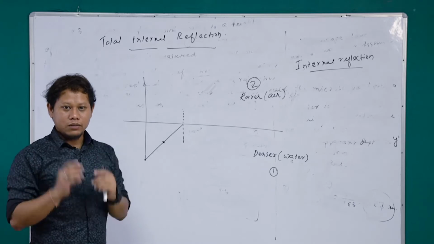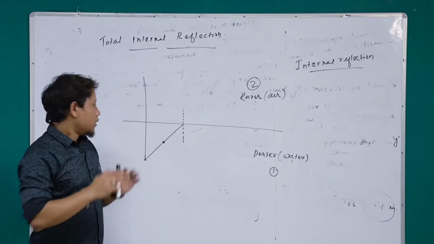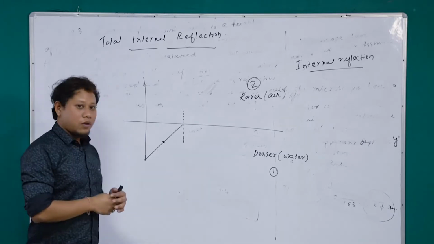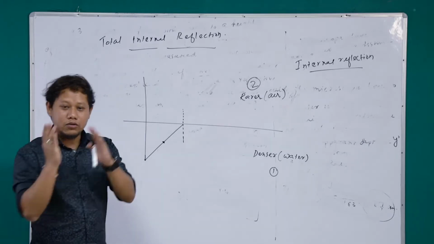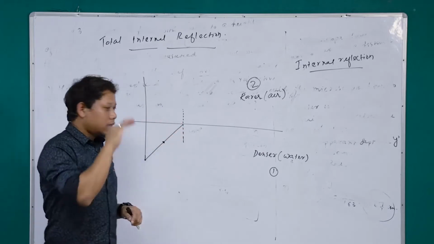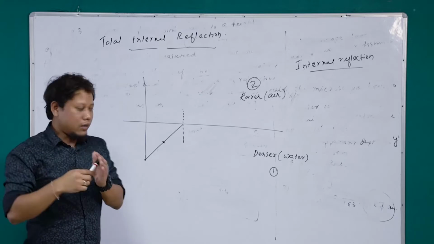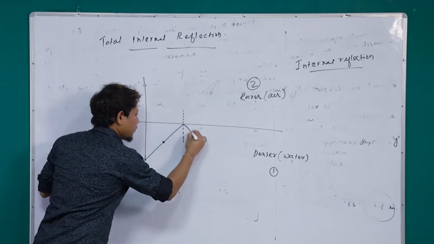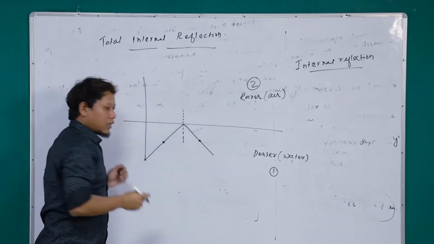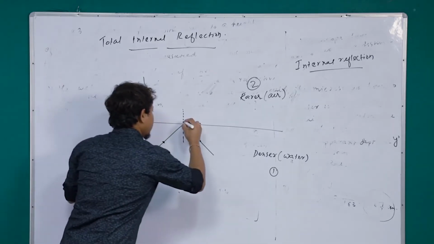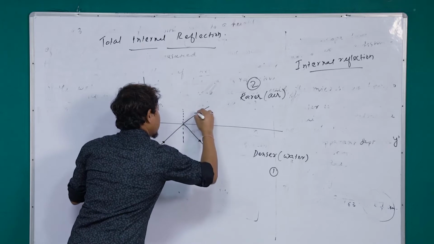Some part of the light is reflected back into the same medium. When the ray of light travels from one medium into another, at the interface, some of the ray is reflected back into the same medium, and some part of the ray travels to the other medium.